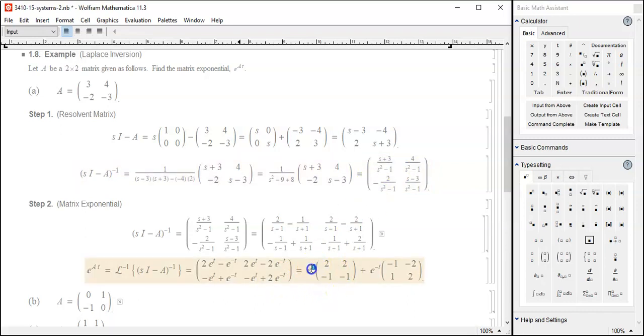So based upon that, we have e to the t power, and then we have the coefficient matrix, e to the negative t power, and the coefficient matrix like that. We can decompose this big matrix expression into this form with e to the t power, where we have the eigenvalue of 1 times a coefficient matrix, and e to the negative t power times a coefficient matrix.